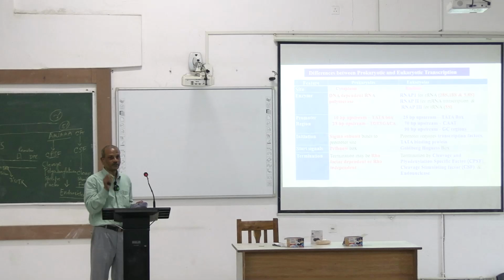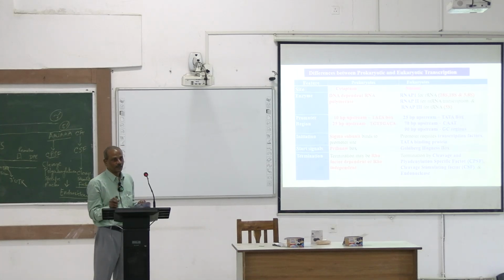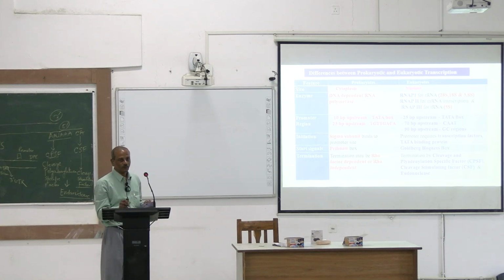At least remember tRNA, rRNA and mRNA, this part. And RNA polymerase II is specifically, I am telling you, for mRNA, not only mRNA, there are other RNAs produced also: microRNA, snRNA, long non-coding RNAs. For your brief understanding, I have just written only tRNA, that is also 5S.